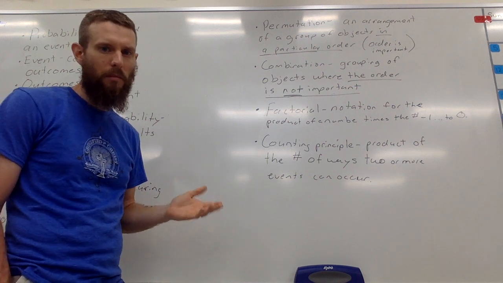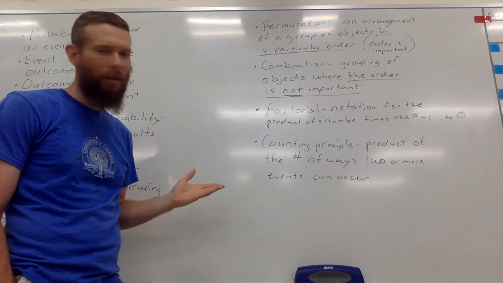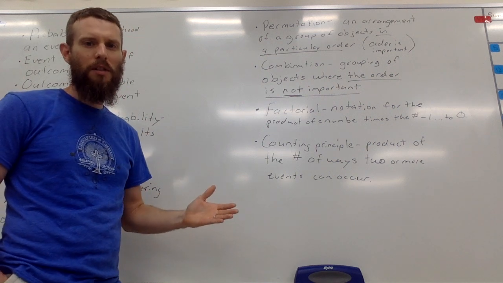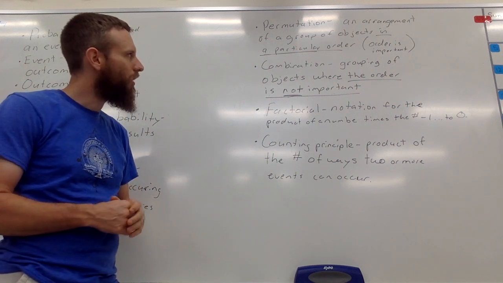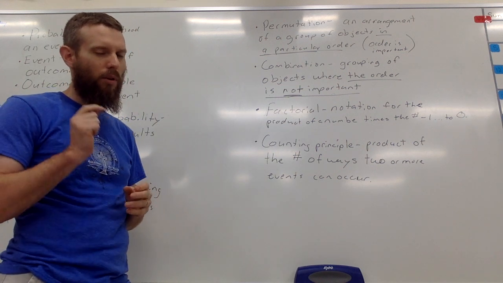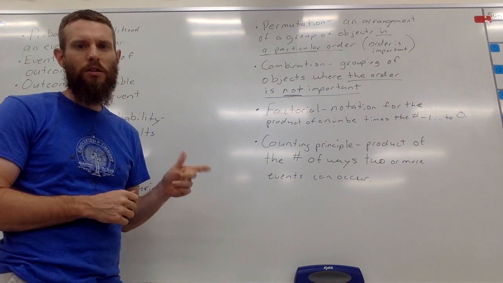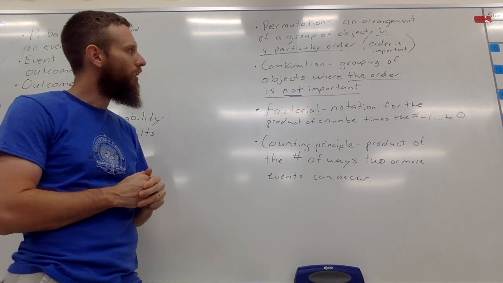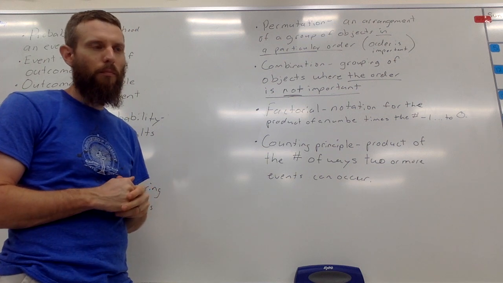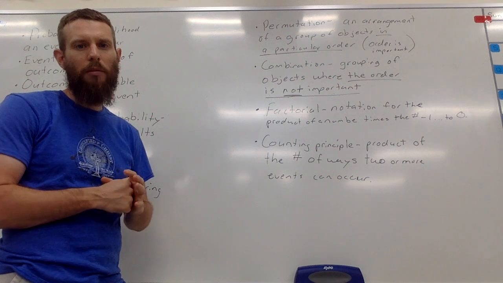The order matters. A combination is a grouping of objects where the order is not important. So using the same example, what would be the probability, if I put shuffle on my iPod and on that CD and it shuffled the songs, that the first 3 songs that are played are my top 3 songs?